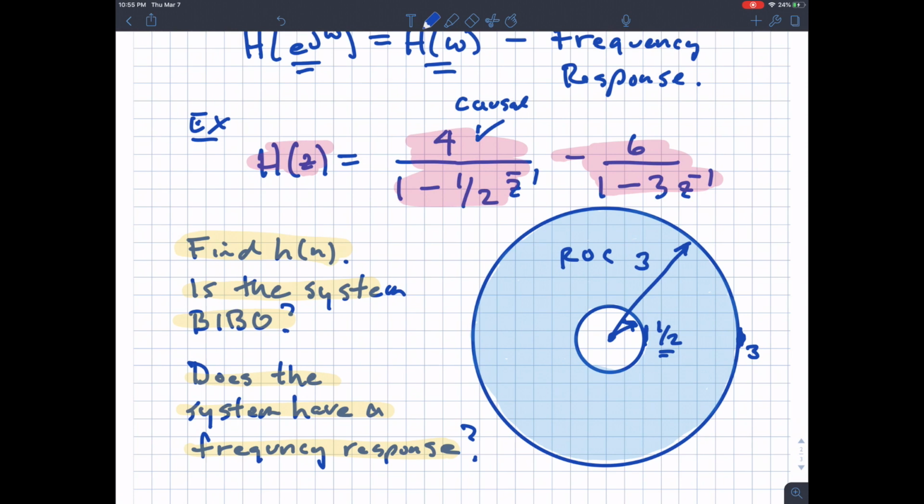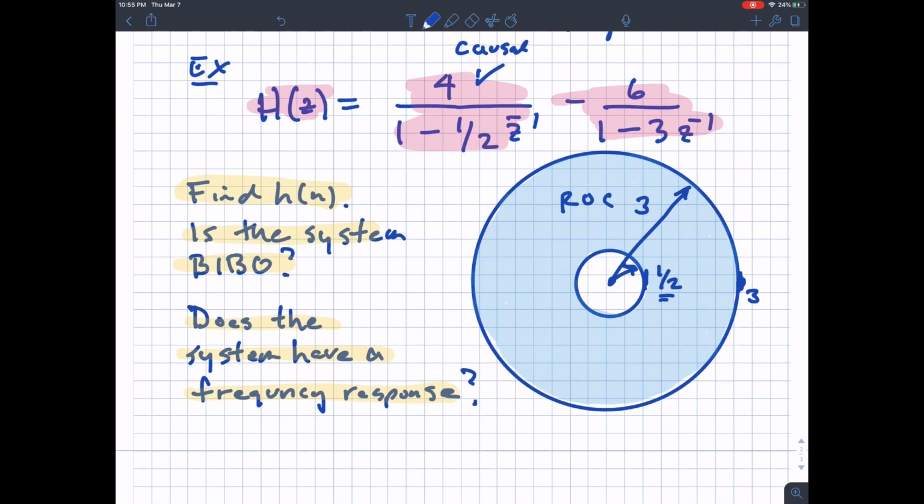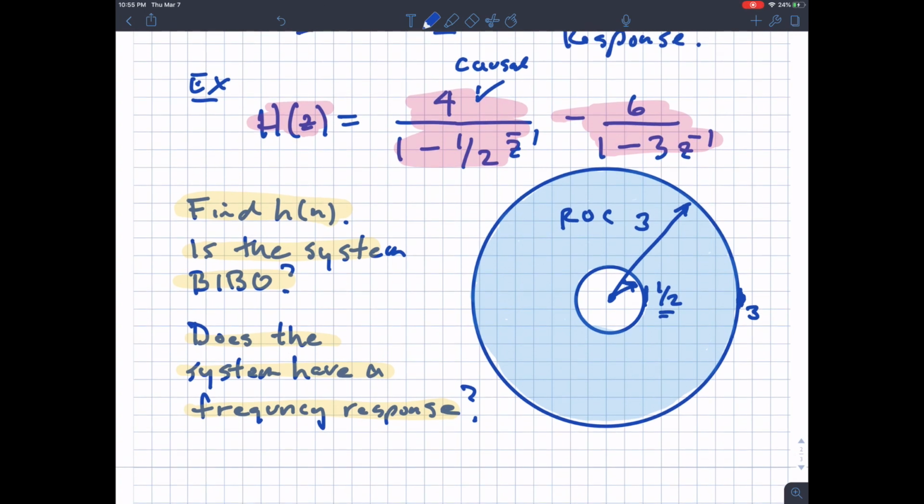All right, and because the 1/2 is not in the region of convergence, that means we are intersecting the disk of radius 3 that comes from the anti-causal term.